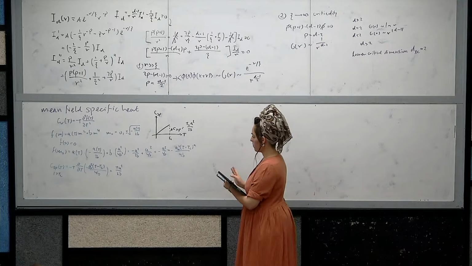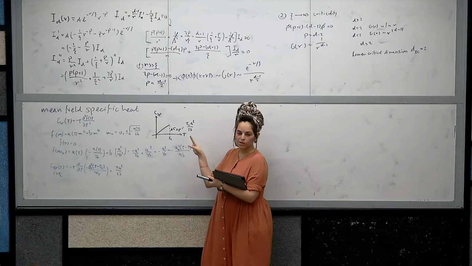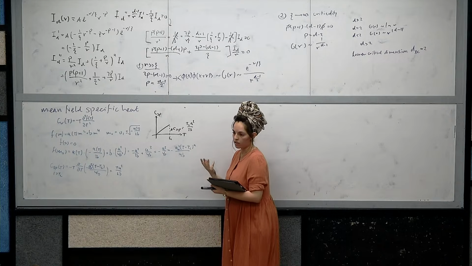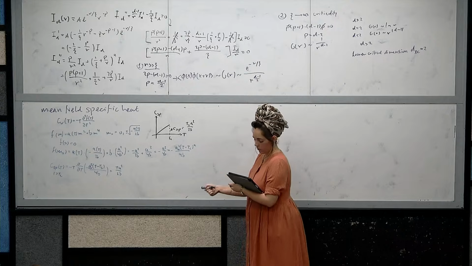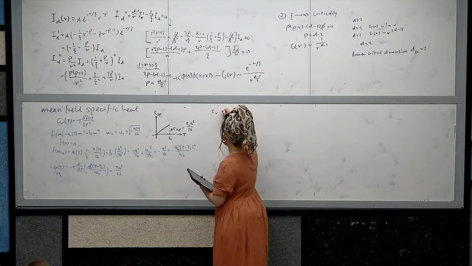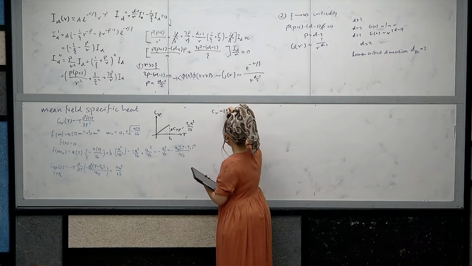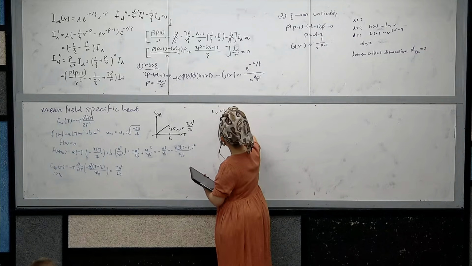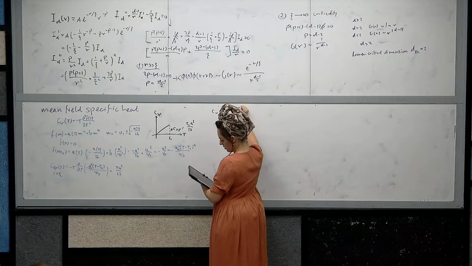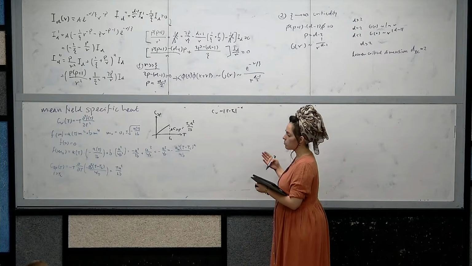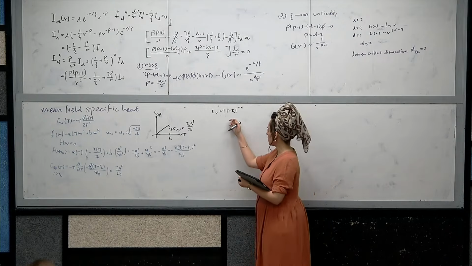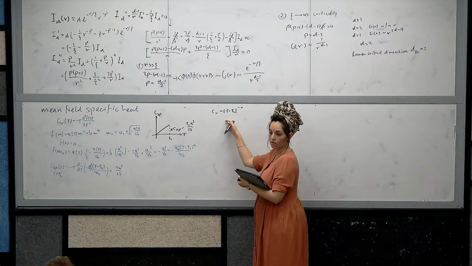Okay, so now if you remember, this is very nice, but it doesn't match the experimental results. If you remember, there is this critical exponent, and in some systems, or many systems, this should diverge.